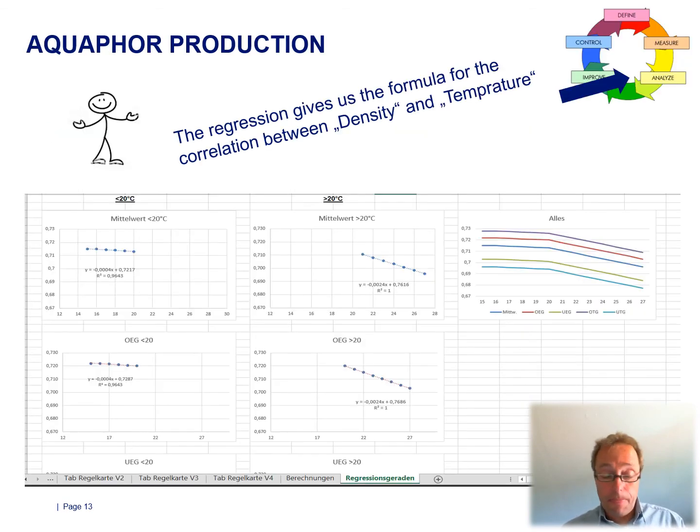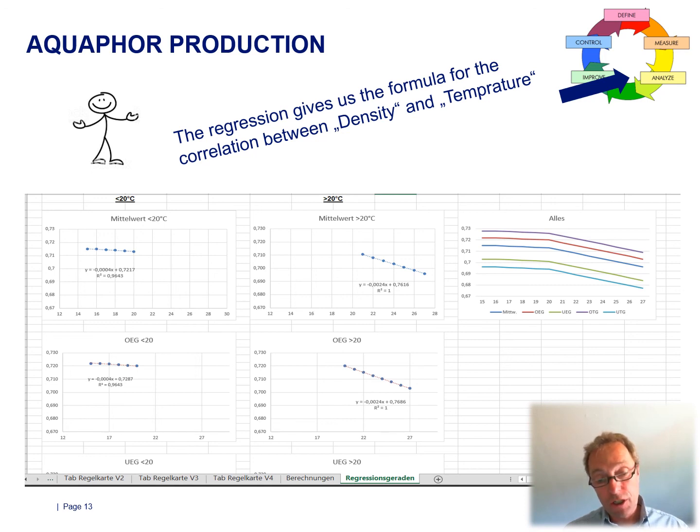And this we made also for Aquaphor. In this case, the colleagues from the lab measured a lot, and out of these points we made a correlation, and out of this we got a formula.